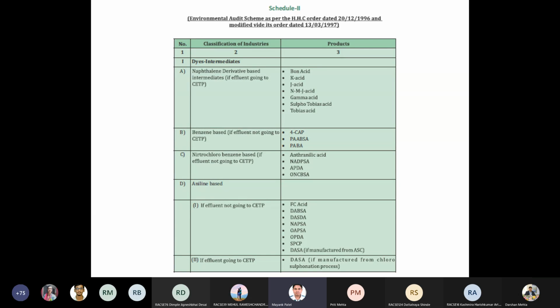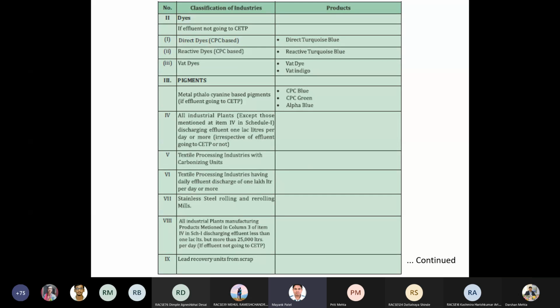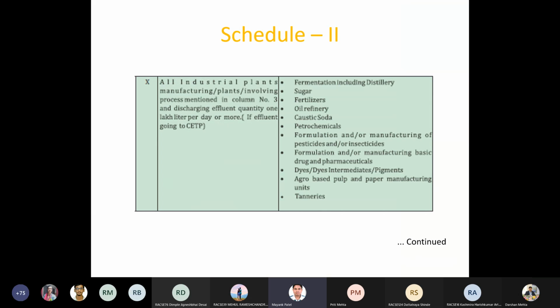So the common effluent treatment facilities, treatment storage and disposal facilities, fertilizer plants, sugar industries, power plants, all these petrochemical complexes, right? All these companies fall under Schedule 1, whereas the smaller industries which have the kind of products you can see on this slide fall under Schedule 2 companies, right?